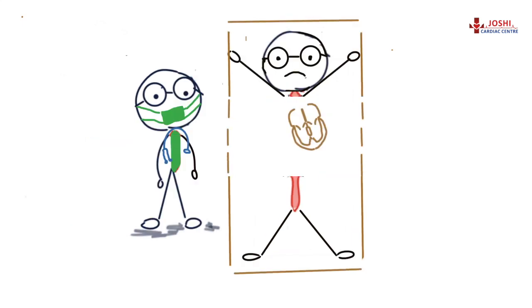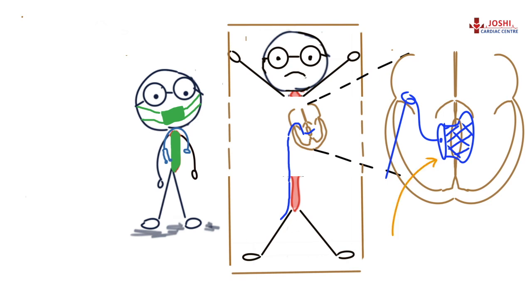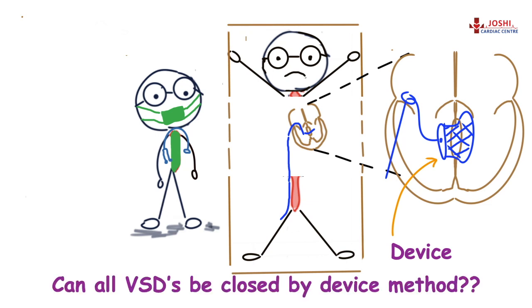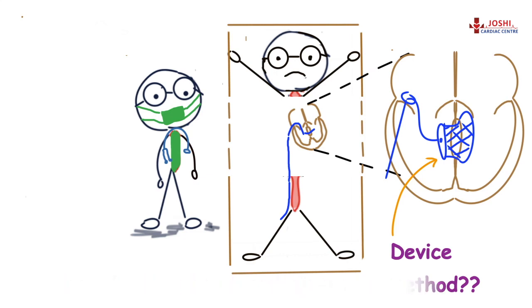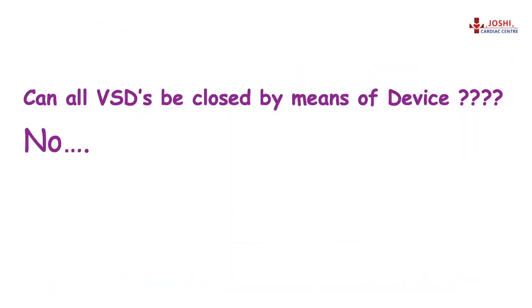Septal defect closure device is made up of a mesh of wire and is dumbbell shaped. It is threaded over a metallic cable, and this cable along with the device is advanced through the blood vessel in the groin to the heart. It is a closed procedure, that is, it does not involve any cutting and stitching, and the child is discharged after 24 hours of the procedure. These reasons make it a very lucrative option for parents.